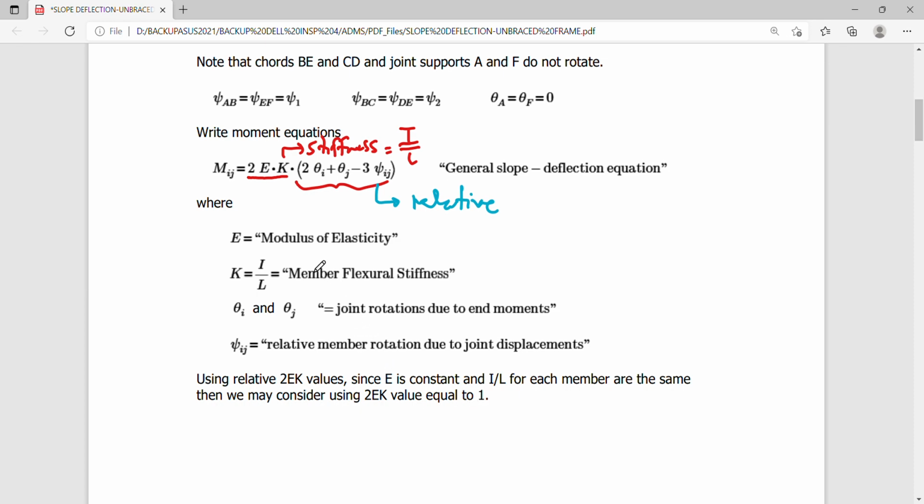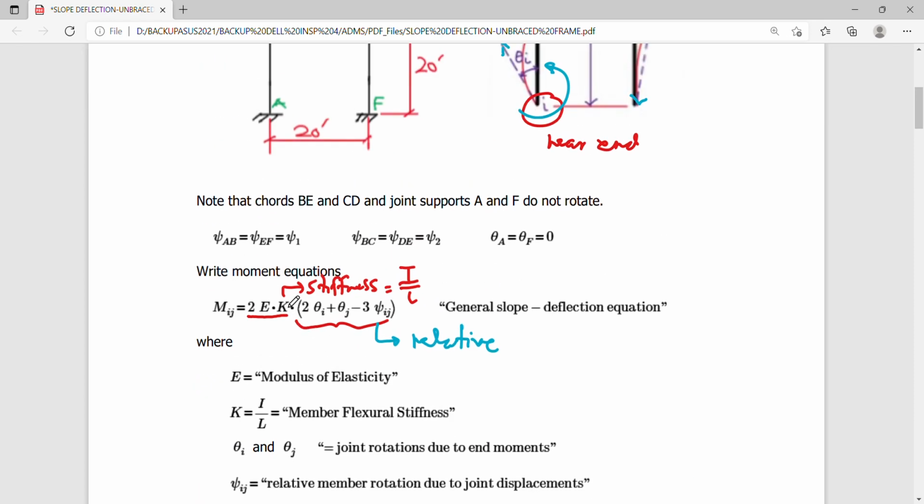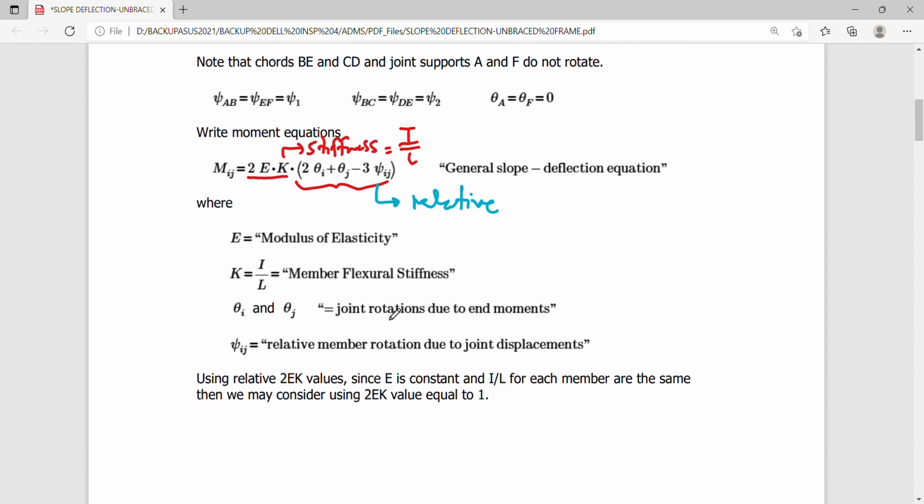So if we are going to relate the effect of the distribution of your moments brought about by the applied loads, we can simply use the relative values of your 2EK such that this can be represented by a unit, or equivalent to 1, such that this expression inside the parentheses is the one that gives importance to your slope deflection solution.